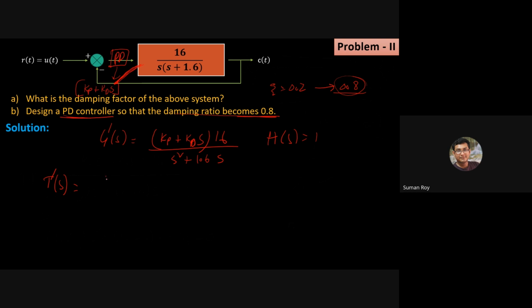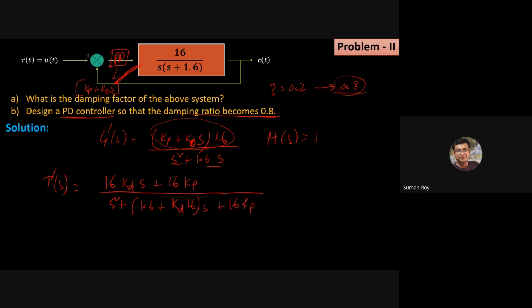So if you calculate, I am writing it directly, the answer will be (16 Kd s plus 16 Kp), which comes from this end, divided by s square plus (1.6 plus Kd into 16) s plus 16 Kp.